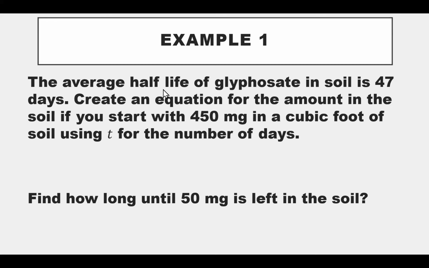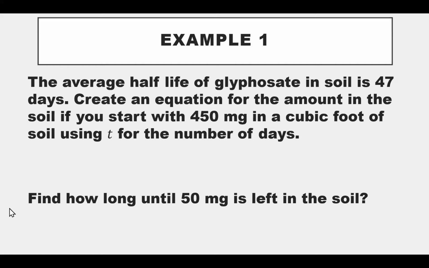So we're given an average half-life for glyphosate, and that is 47 days, according to this word problem. We'll create an equation. If we start with 450 in a cubic foot of soil, how much is going to be left after T days?